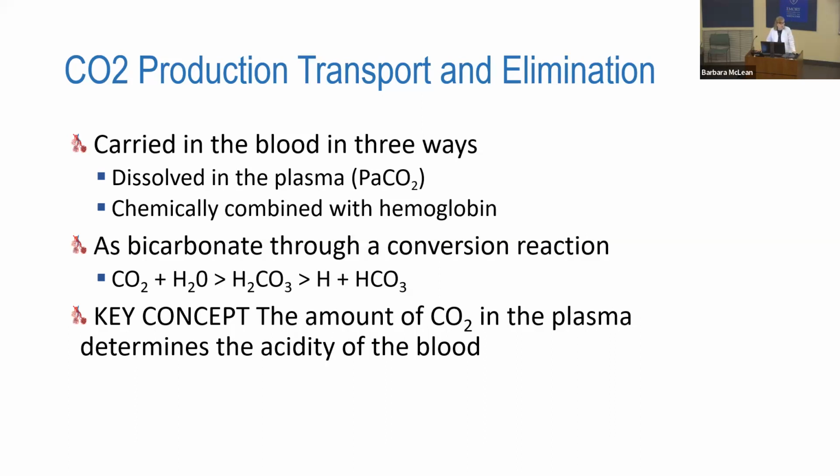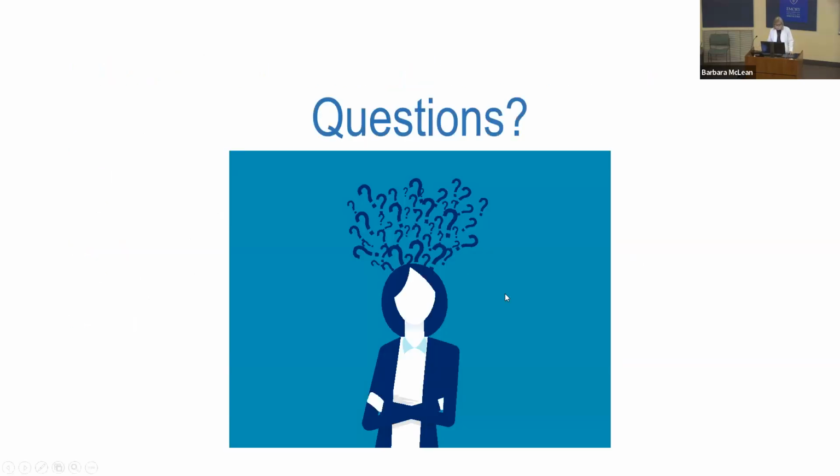That's their compensatory mechanism, but it requires that they have effective kidney function. When they come into your ICU and develop AKI, they will deteriorate very, very rapidly. Okay, so really important to remember, the amount of carbon dioxide in the blood is going to determine acidity and the pH. So any questions to where we are right now?